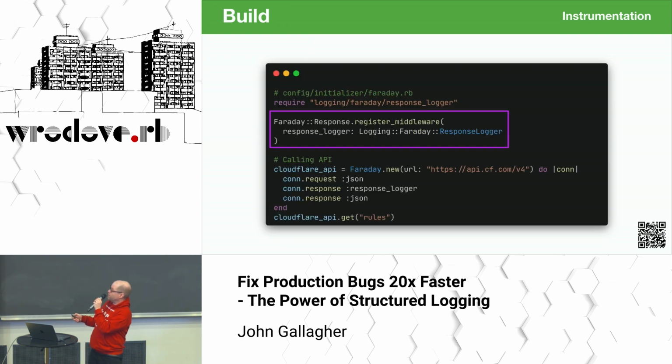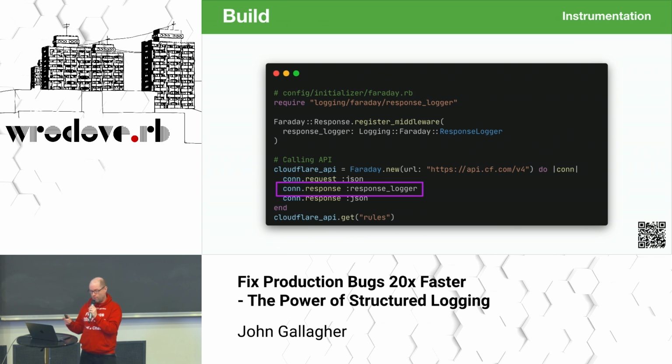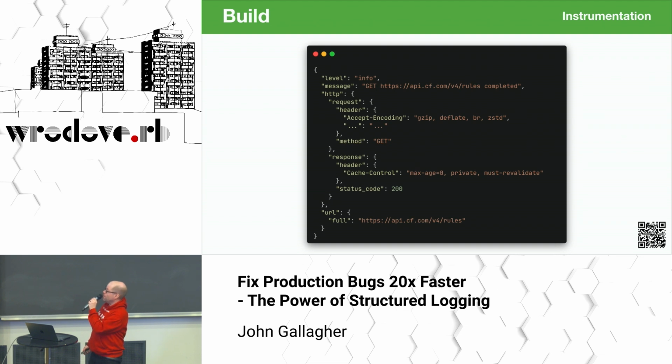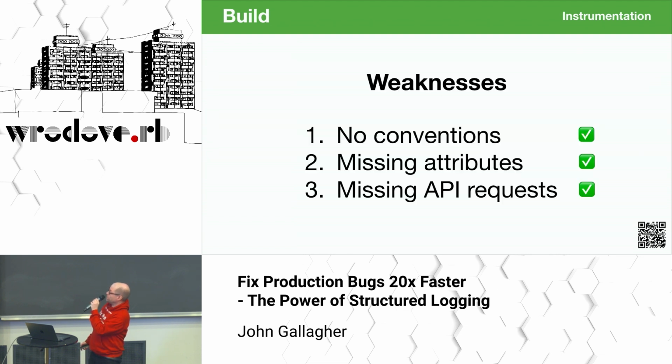And then we can register that and use it in any API request we make. And this means we get to see all the API requests that are coming into our app and all the ones that are leaving our app, which is incredibly useful. And here's what it looks like in the logs. So we've covered three of the biggest weaknesses. There are a lot more that I won't go into today.